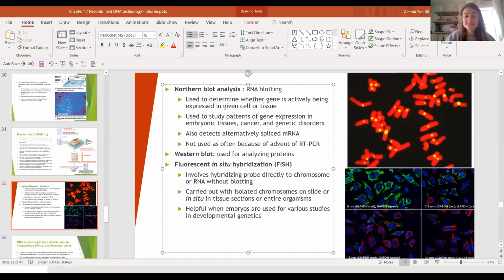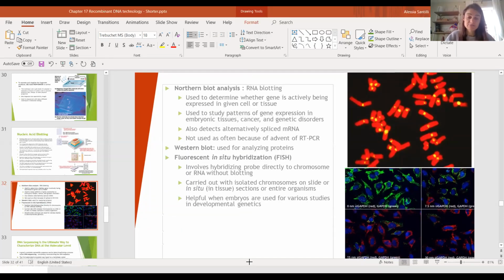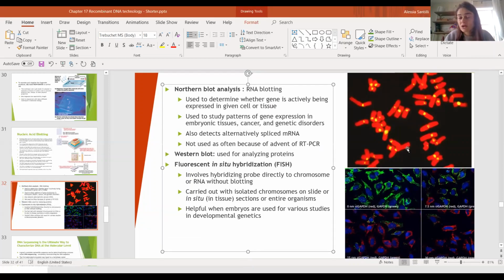It's carried out with isolated chromosome slides or in situ, which means in tissue sections or entire organisms. It's helpful where embryos are used for various studies in developmental genetics. All right, so you can see here, we have some in situ hybridization where it went specifically to the centromere.